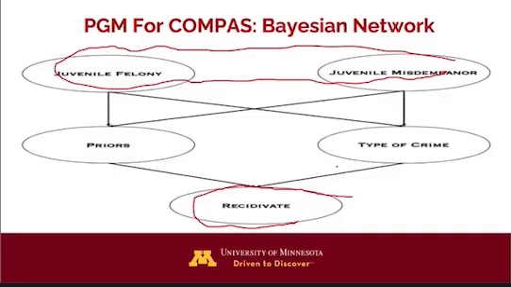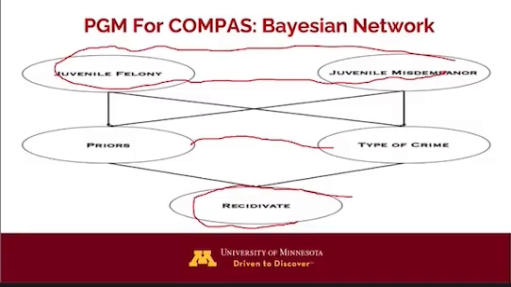If I have observed the current type of crime and the prior conviction, that is enough to give me information about whether he's going to commit the crime again or not. What he did as a child, the offense that he committed as a child, does not give us information. And that is what I mean by conditional independence.